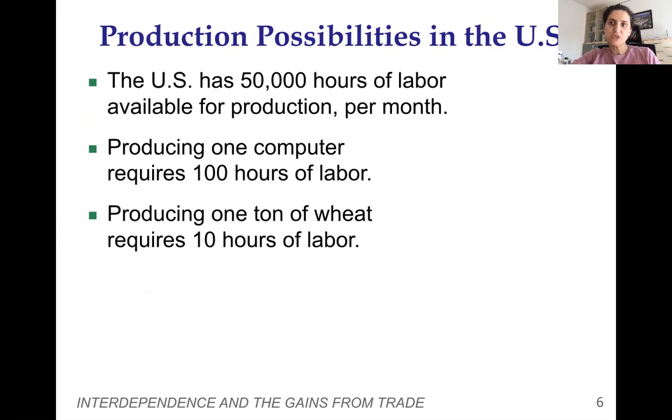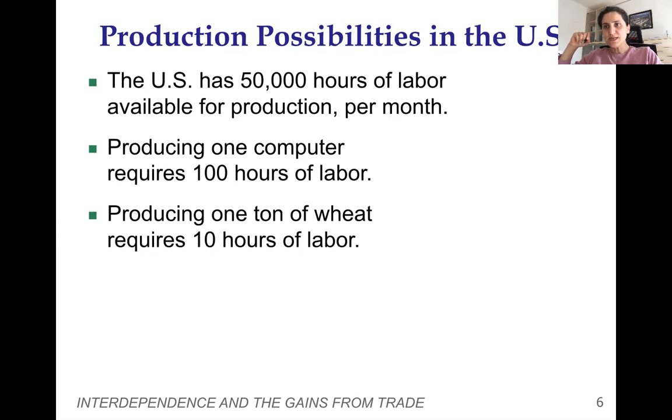So draw the production possibility frontier by yourself now, okay? So in total, US has 50,000 labor hours. It can either produce computer or wheat. Let's draw the corners first, okay?